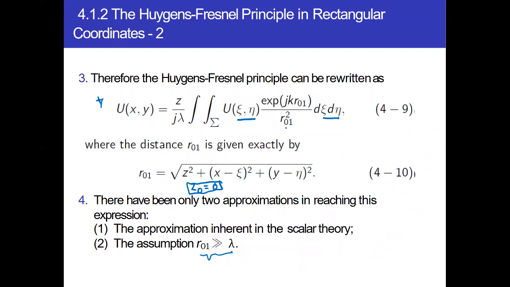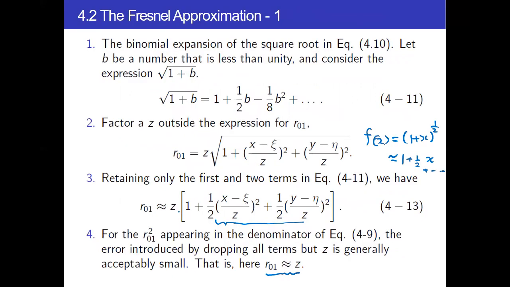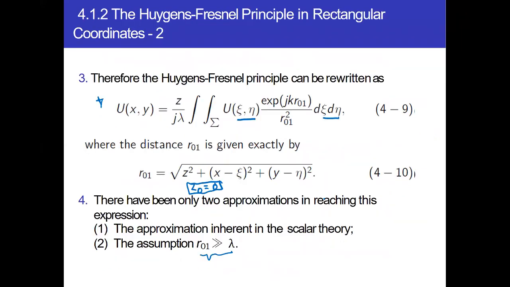So this was the z squared. R01 becomes Z plus something. So R01 squared is the Z squared, and then it goes like this, okay? So we have this exponential term, R01. So we have two approximations.